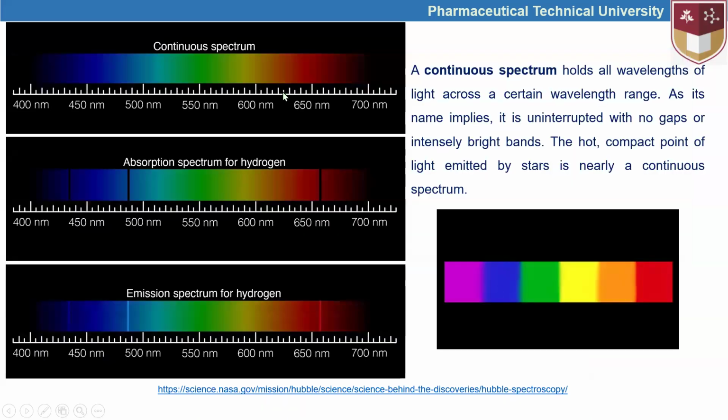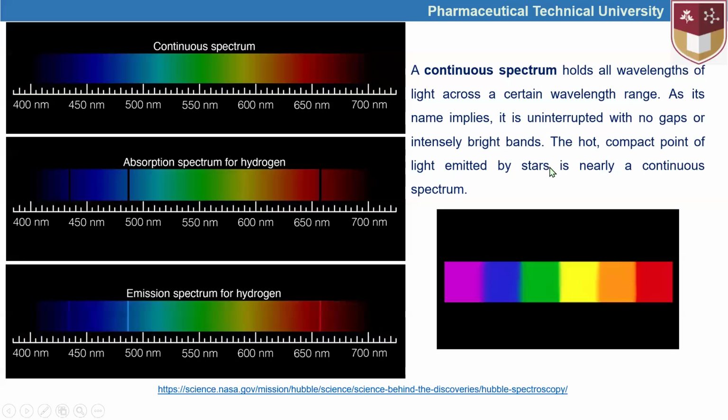And this is about continuous spectrum, absorption spectrum, and emission spectrum. Again, this is the meaning of continuous spectrum. A continuous spectrum holds all wavelengths of light across a certain wavelength range. As its name implies, it is uninterrupted with no gaps, as we observe here.